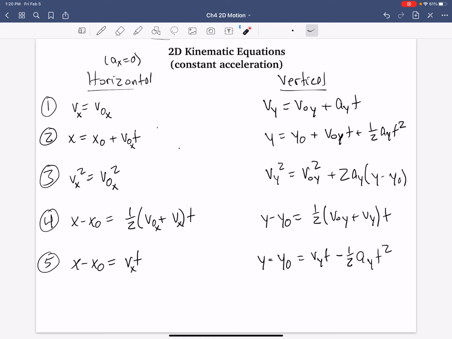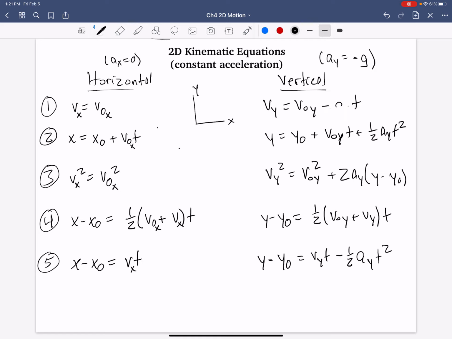For the vertical direction, we can change a couple things. Now, a y is equal to negative g. I say it's negative g because in your problems, it'll be easiest for you if you always assume that up is positive. It'll help you out tremendously. Up is positive y and right is positive x. In that case, we can rearrange these equations a little bit.